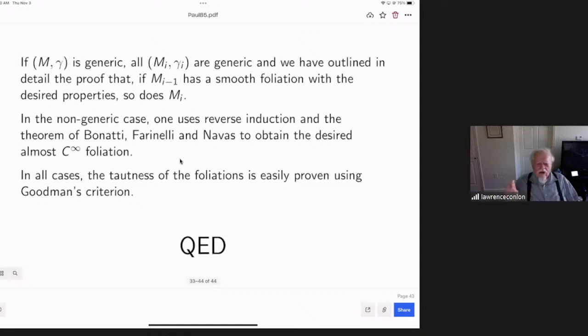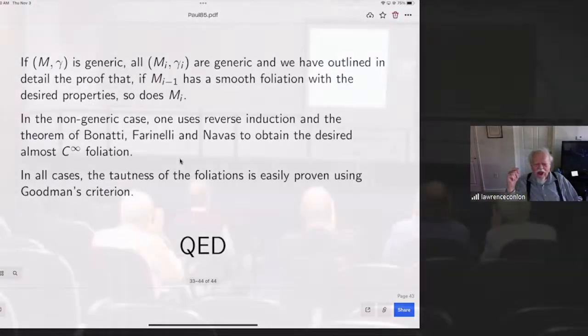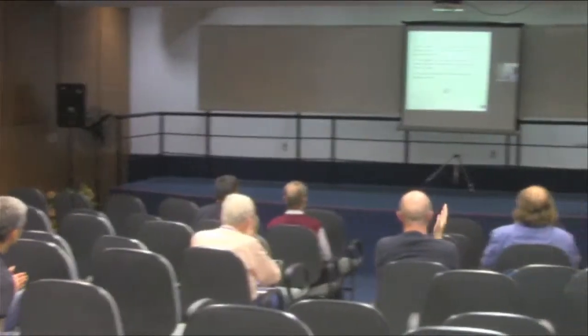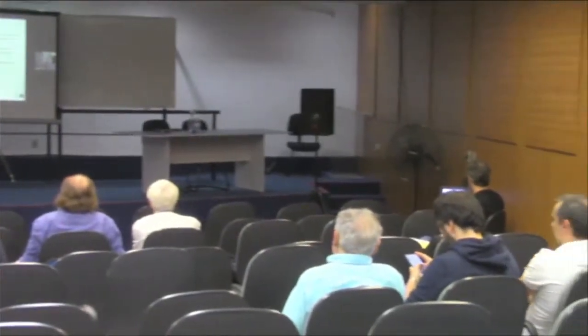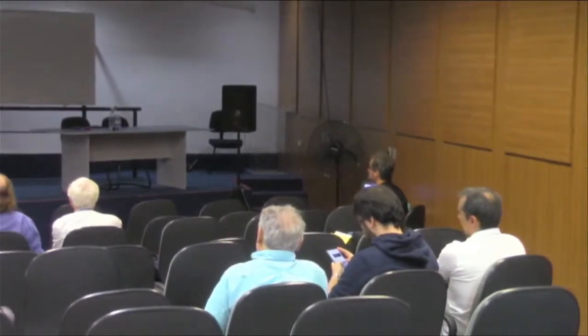And in all cases, the tautness of the foliations is easily proven using Goodman's criterion, quod erat demonstrandum. That's the outline of the proof. And happy birthday to Paul. Thank you all. It was an honor to be asked to give this talk.